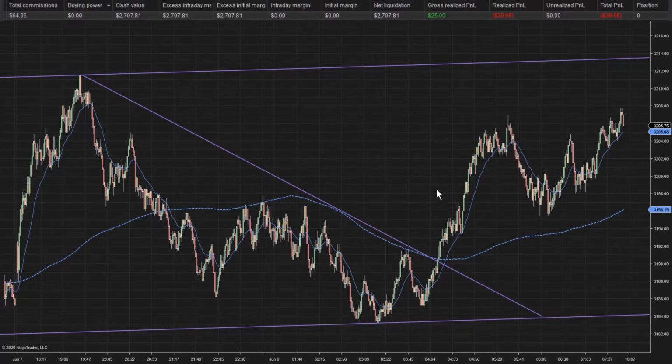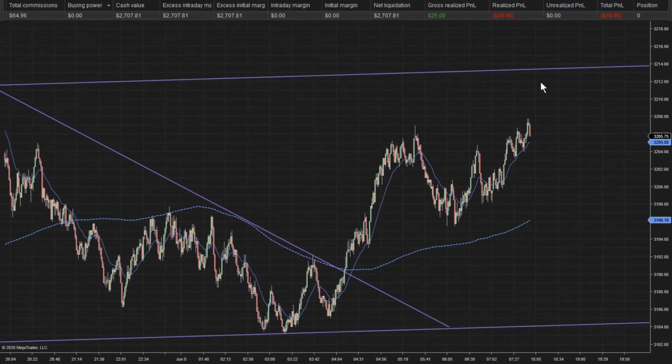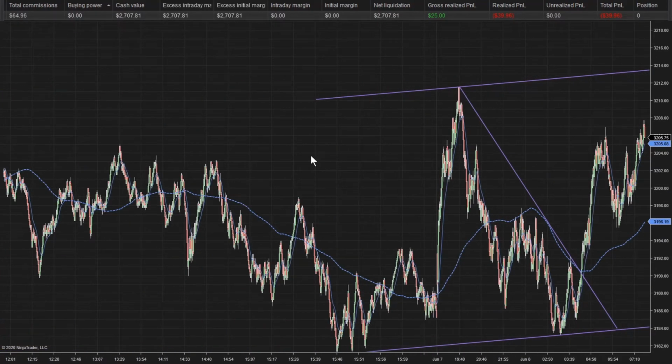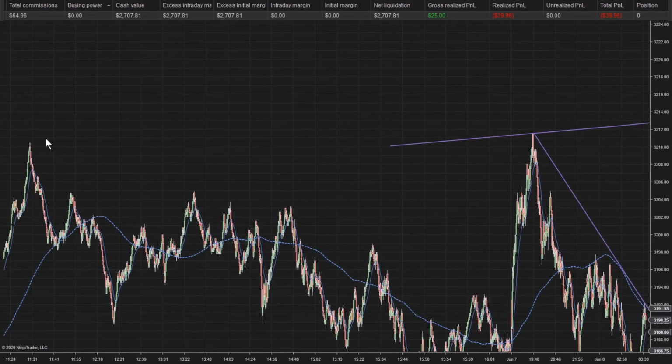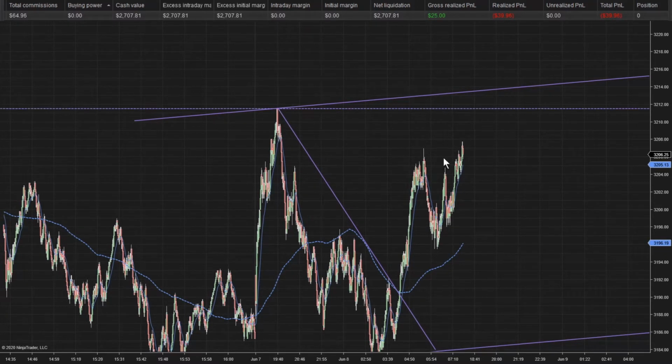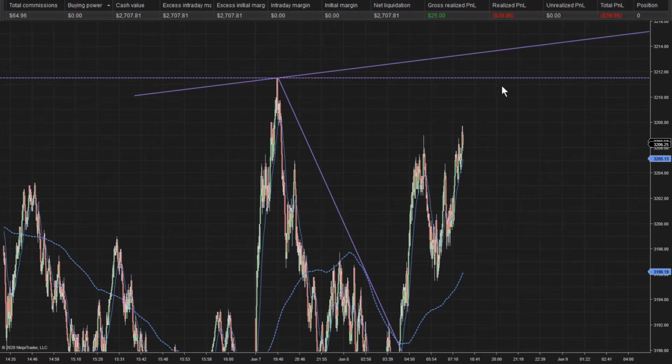So we're bouncing off the bottom of the range, and the expectation is we're going to hit the top of the range. But let's not forget we have a high here. Actually, this is the high, so that is nice. We are approaching the top of the range. In my mind, the target at minimum is reaching this high.